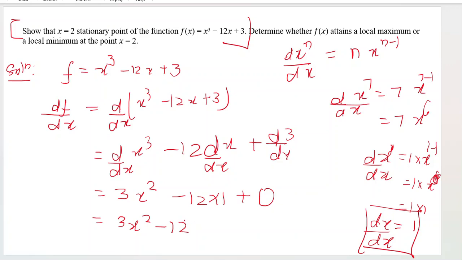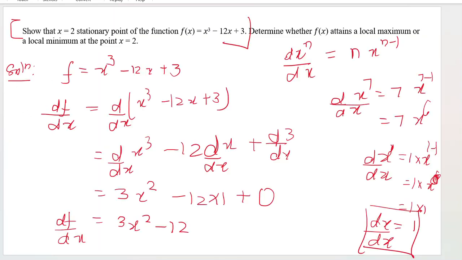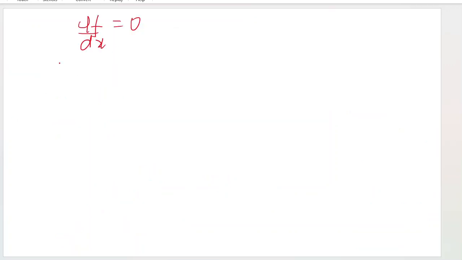Now this is our df by dx. Now to show that x is equal to 2 is a stationary point, what we have to do is put df by dx equal to 0. The value of df by dx was 3x square minus 12. So 3x square minus 12 is equal to 0. So we get 3x square is equal to 12.